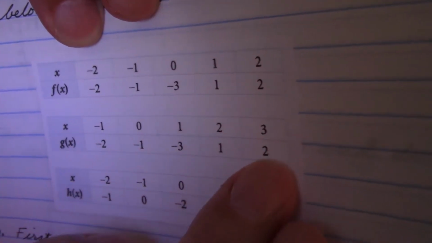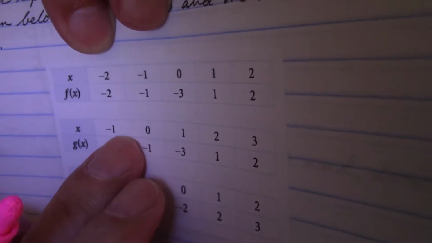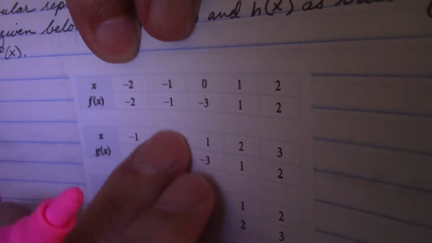The outputs are the same, but the inputs are different, aren't they? The inputs have shifted, so that tells you that the graph has shifted right 1 unit relative to the inputs.